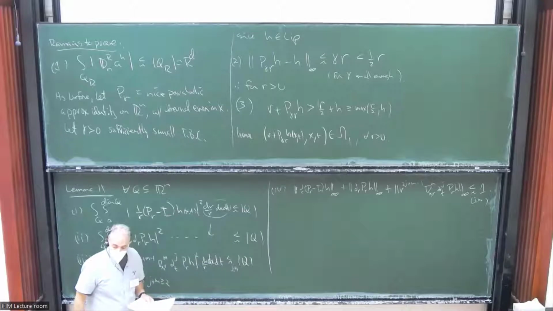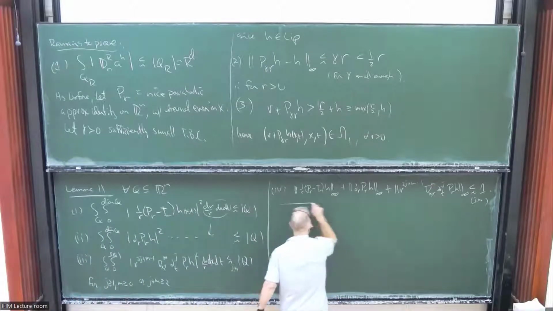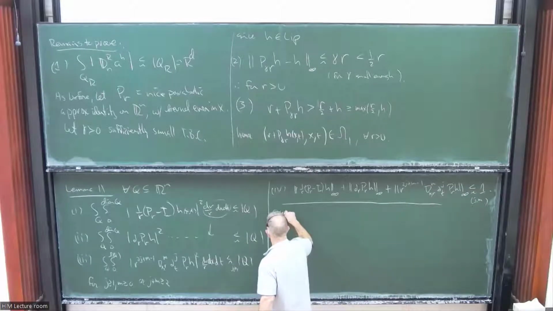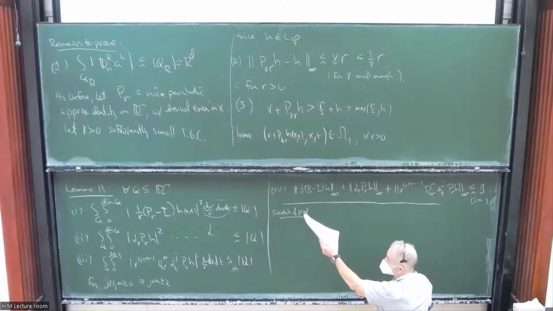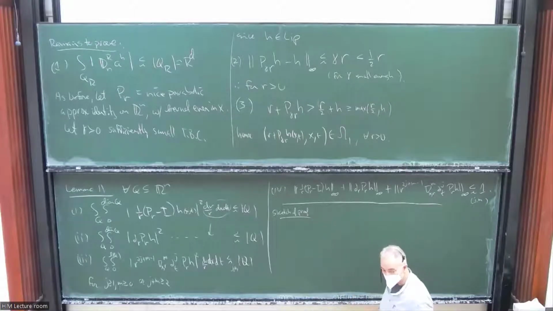Obviously. And the proof, I'm just going to give you a sketch because you really know already how to prove this. The key factor is that, remember, we insisted that the kernel of our approximate identity be even in the space variable.